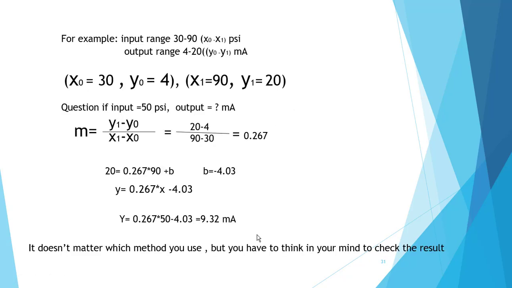For example, if the input range is 30 to 90, 30 is x0, 90 is x1. The output range is 4 to 20, 4 is y0, 20 is y1. So x0 equals 30, y0 equals 4.